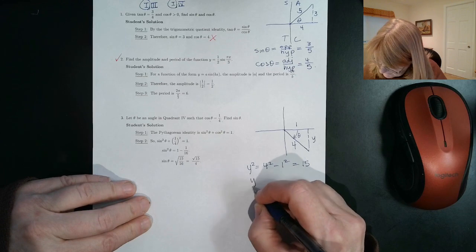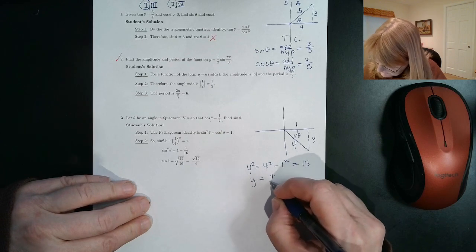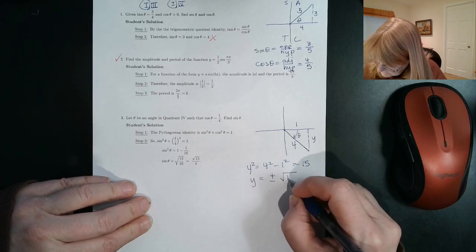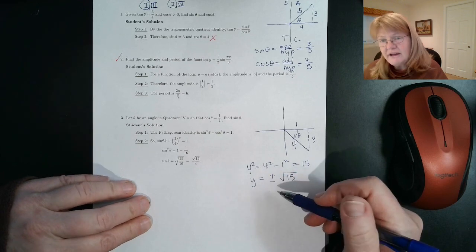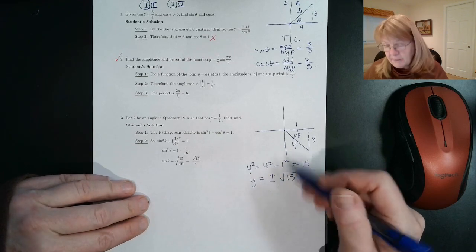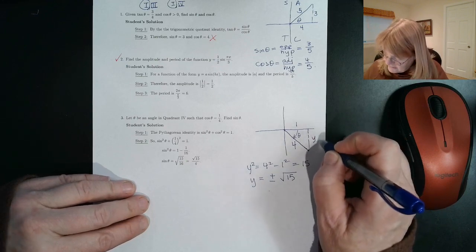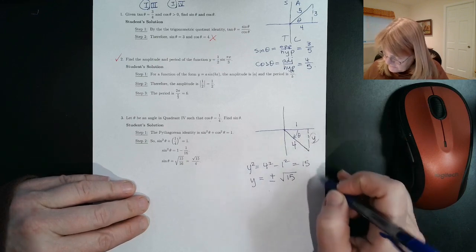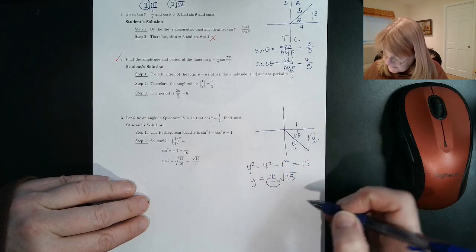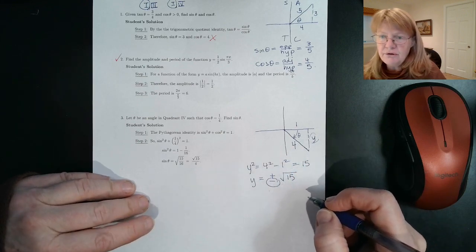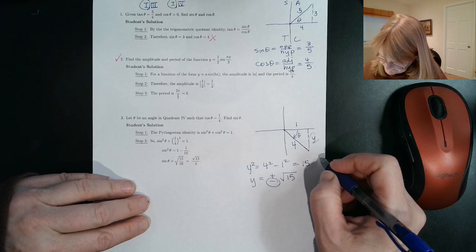So therefore, y is equal to either plus or minus the square root of 15. Whether we take the positive or the negative root depends on the value of y. Well, we know that y is going to be negative, so we're going to take the negative square root of 15.